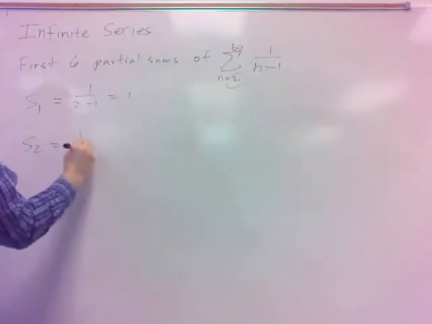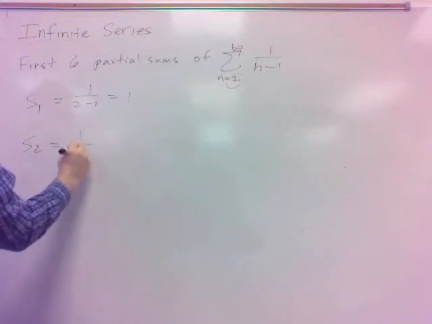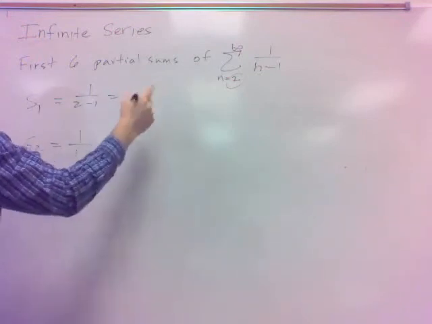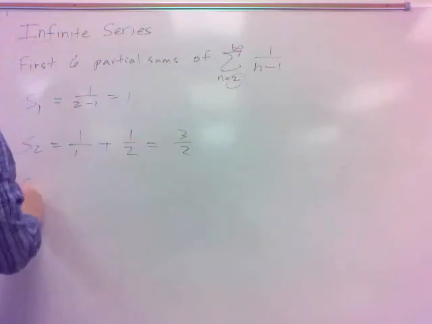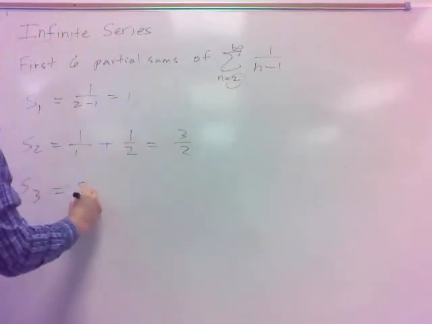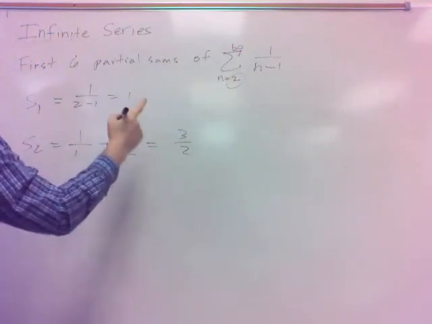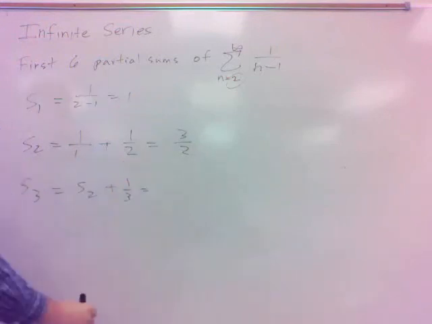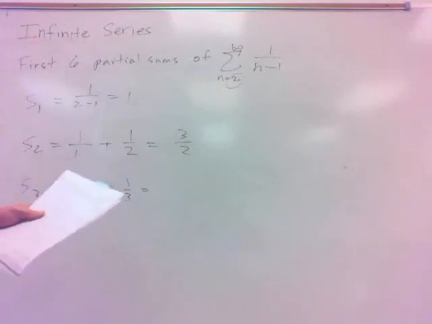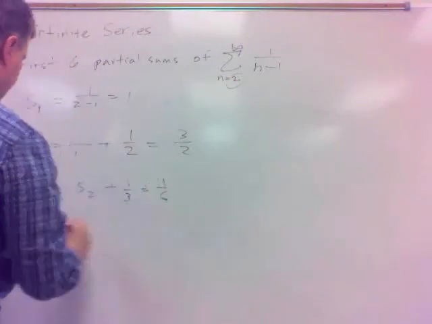S2 is 1 plus the second term, which would be 1/2. That's 3/2. S3 then would be S2 plus the third term, n equals 4, so it would be 1/3. That's 11/6.